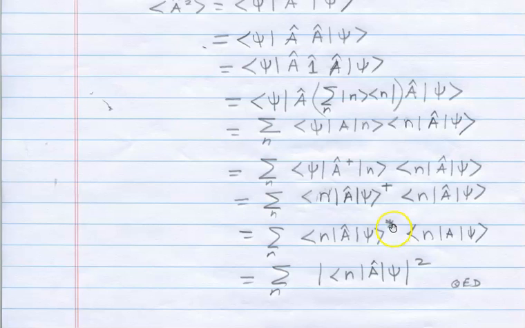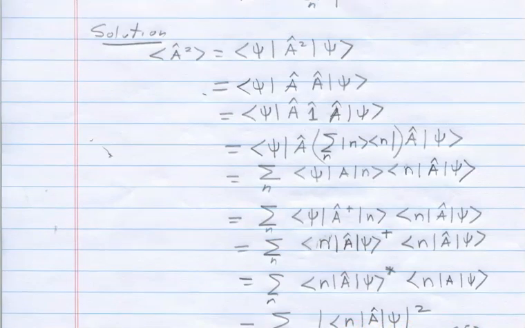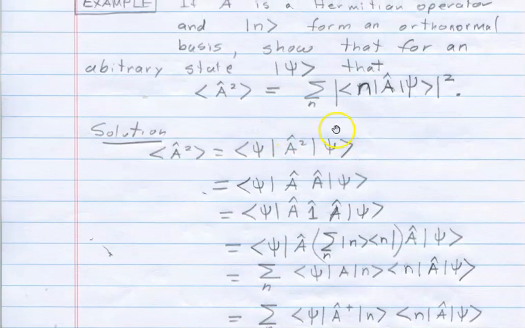The Hermitian conjugate of a complex number is simply the complex conjugation. And so now you've got some complex number and its complex conjugate, and that's just what we mean by the absolute modulus squared, and that was what we were asked to show here.